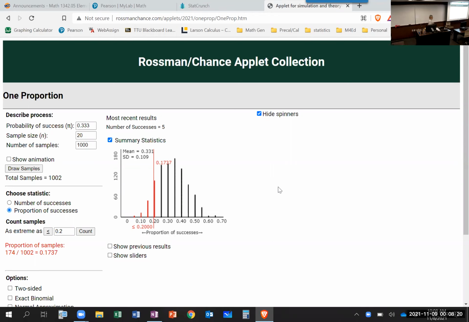Now, the part that we're somewhat interested in is, if you look under here, do you see the proportion of samples in red? Does everybody see that on their own screen? So in 1,002 different repetitions of this process, my simulation came up with 174 of them having 20% or less choosing scissors.